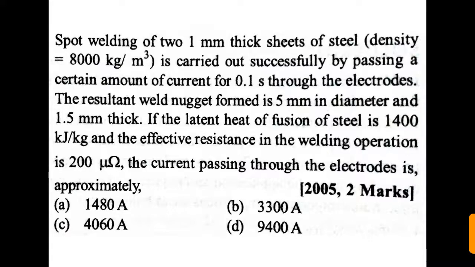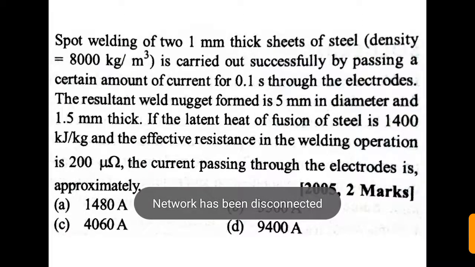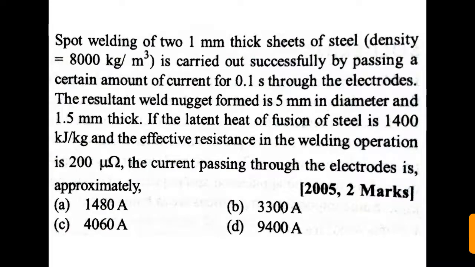In this question, spot welding of two 1 millimeter thick sheets of steel, density 8,000 kg per meter cube, is carried out successfully by passing a certain amount of current for 0.1 second through the electrodes. The resultant weld nugget formed is 5 millimeter in diameter and 1.5 millimeter thick.